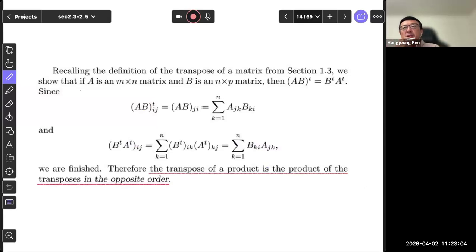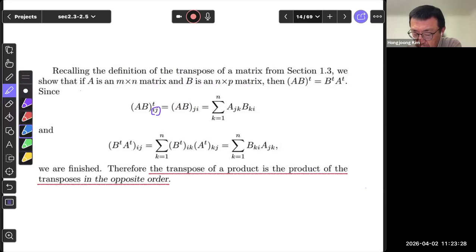Now, please remember that we considered the transpose. What was the transpose? The transpose was constructed by sending all the columns to the rows. Now, if I consider the ith row, jth column entry of the transpose of the product, then by definition of the transpose, it will be the jth row, ith column entry of the original product AB.